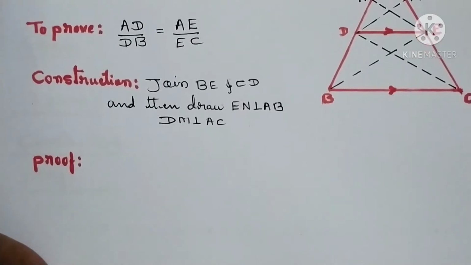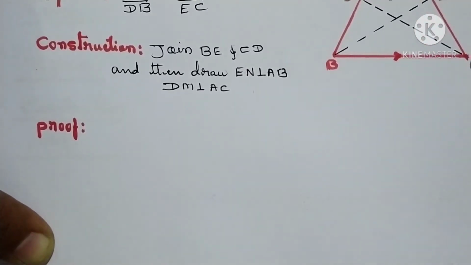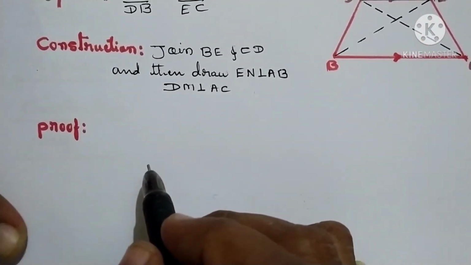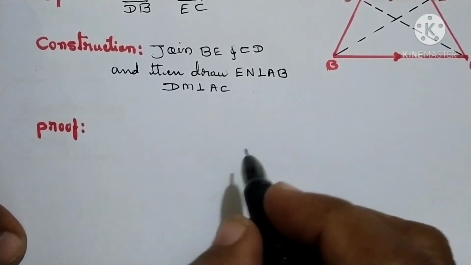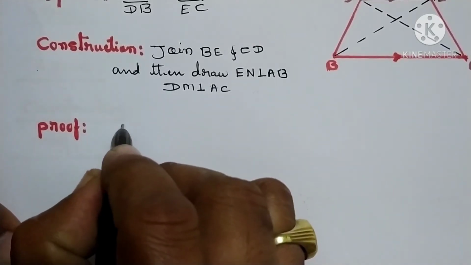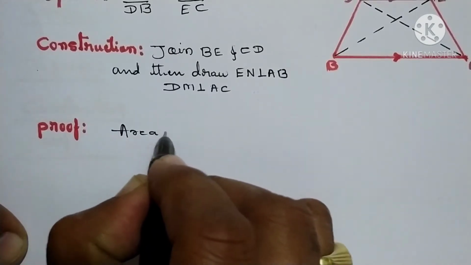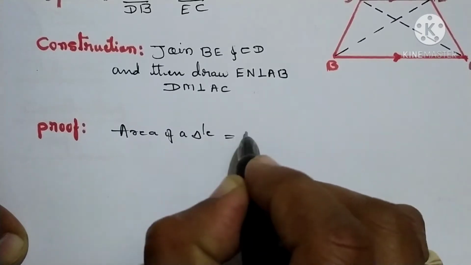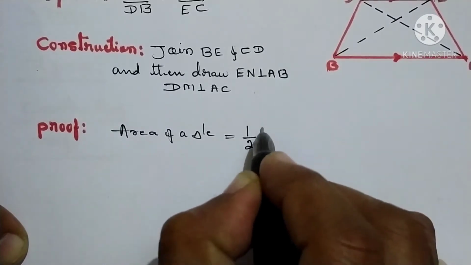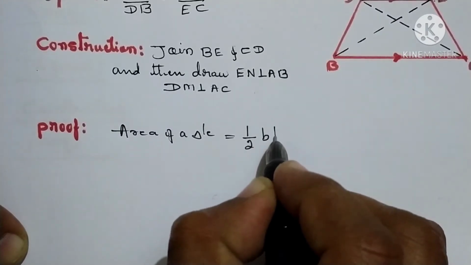Next we will go to the proof. Here we know the formula: area of a triangle is equal to half into base into height.